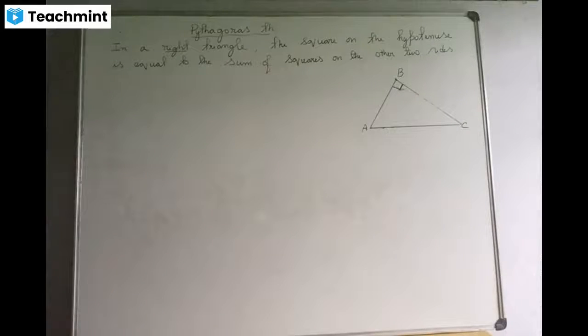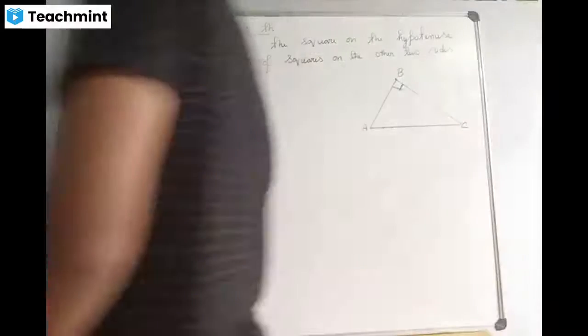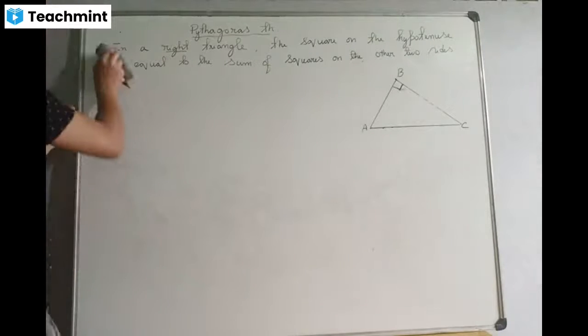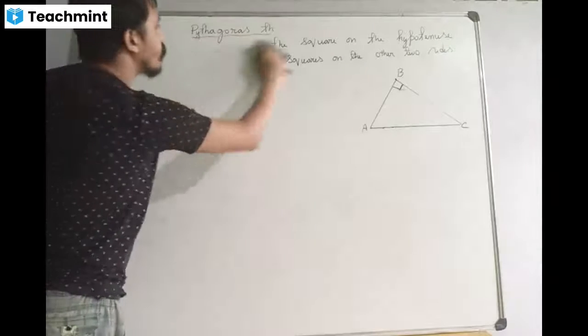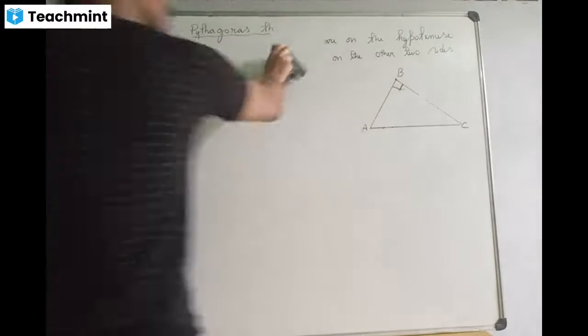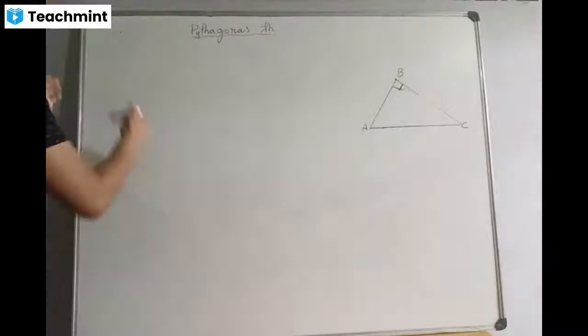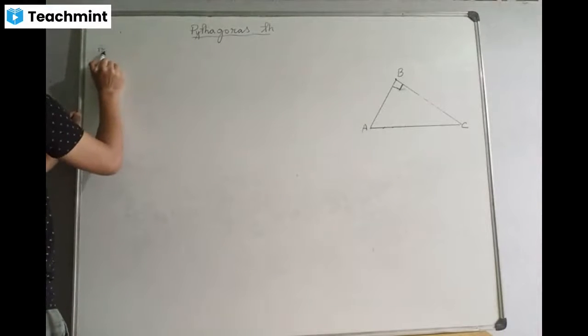So we have constructed a simple right triangle ABC in which angle B is equal to 90 degrees. Now let me start with the proof of this Pythagoras theorem. Let me show you how this Pythagoras theorem is proved. Proof.